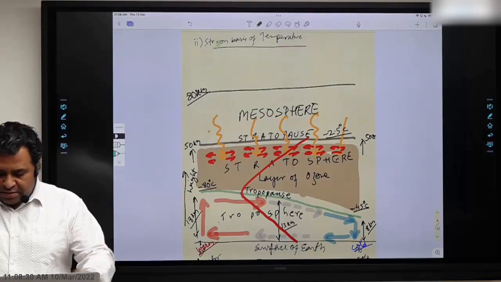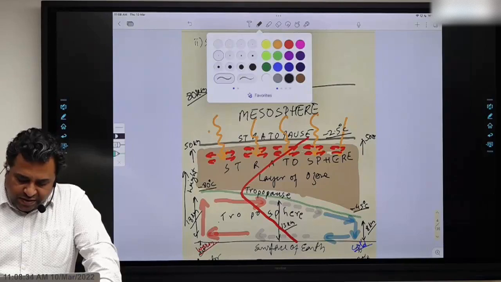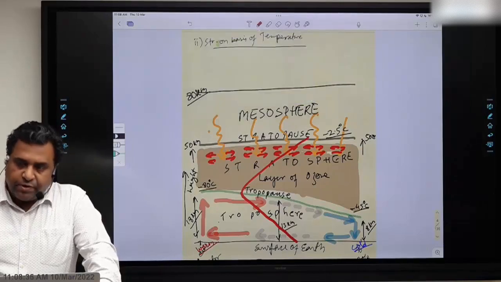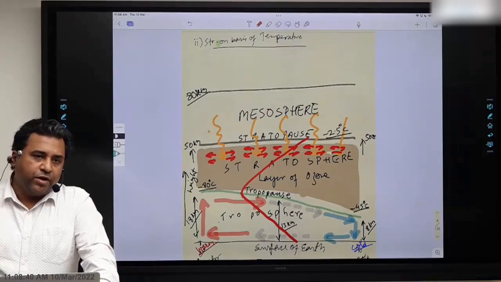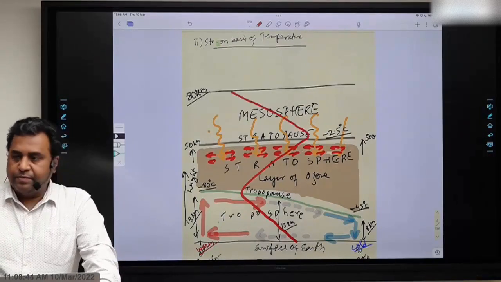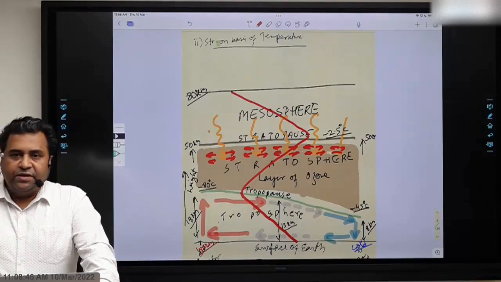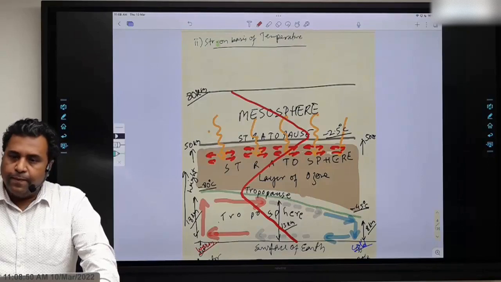And in this region there is no ozone, and also as you go higher and higher the temperature will go on becoming colder. Okay. So here the temperature continues to fall again. This is a region of continuous temperature fall.